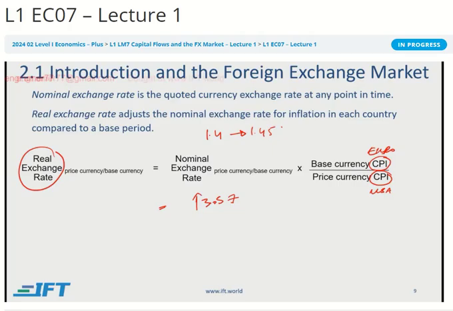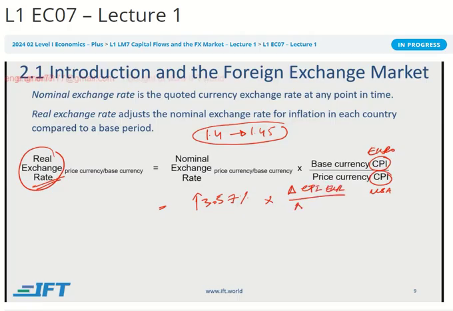And the euro has strengthened. Why? Because the quote has gone up. So the euro has strengthened by 3.57%. But before I can tell you the impact on the real exchange rate, if there is a business house interested in knowing the real exchange rate impact between the US and euro, then they will be doing this type of calculation. And for that, they need to know the change in the inflation in Europe, right?